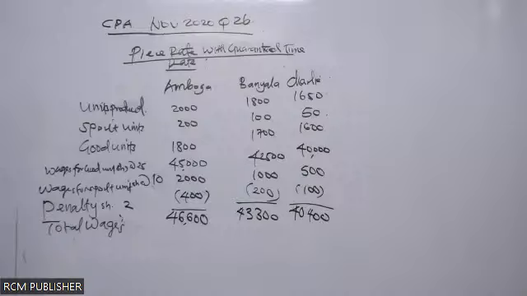What will we have? Add back, or add 8,000 to each? What will we have there?